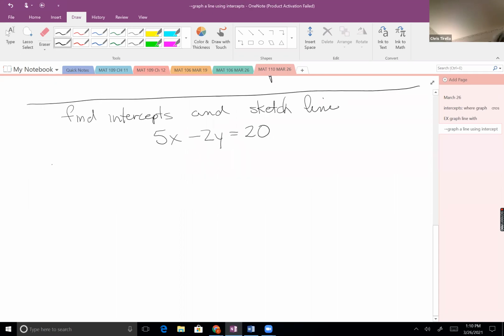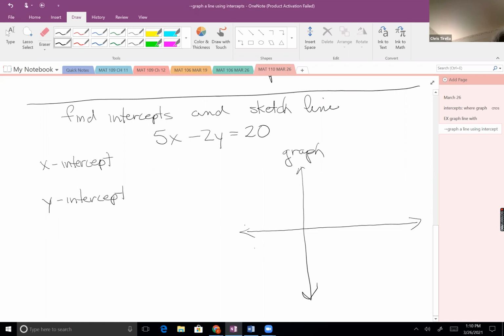So again, I want the x-intercept, the y-intercept, and then I want a graph. And I'm going to be quiet and let you folks work on this for a minute, and then we'll go over.